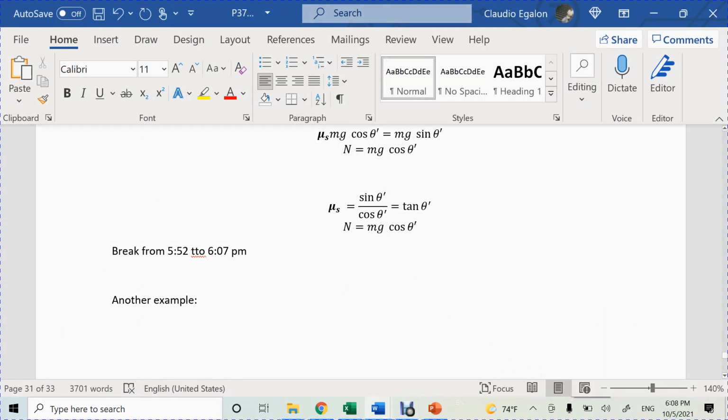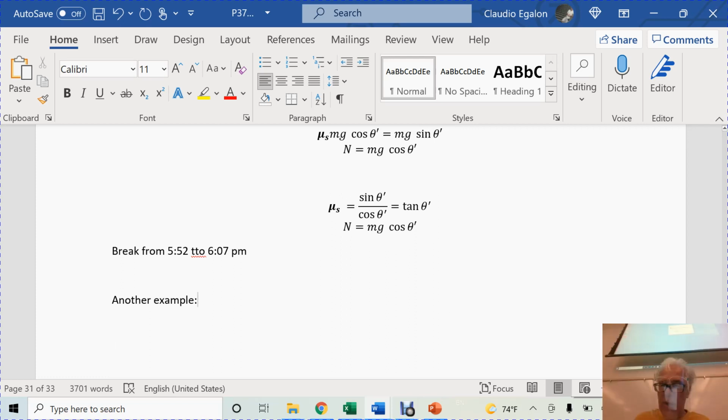Good. We're recording again. Another example. Mass M sliding with constant velocity on top of a plane with angle theta.